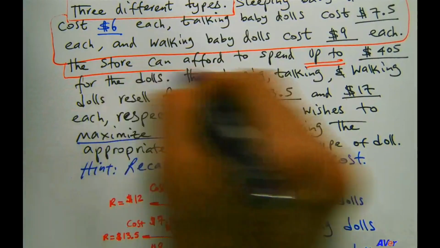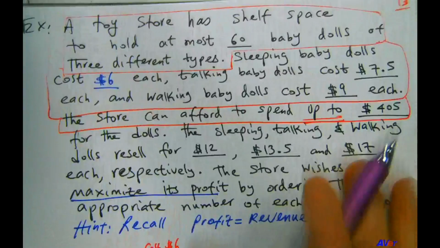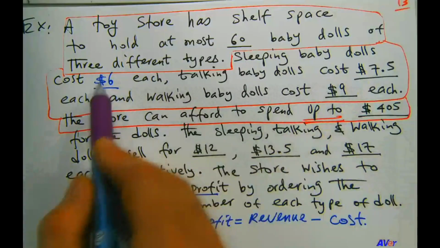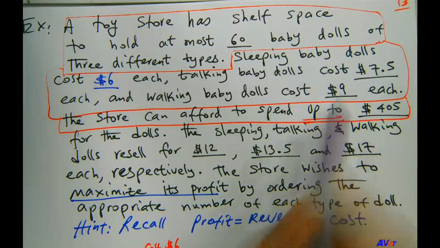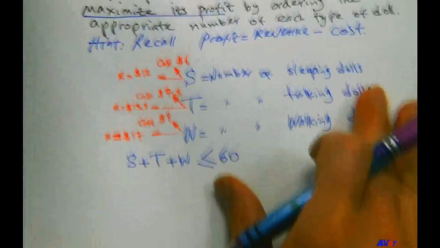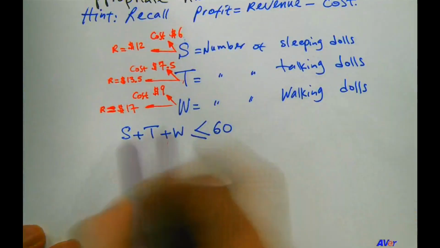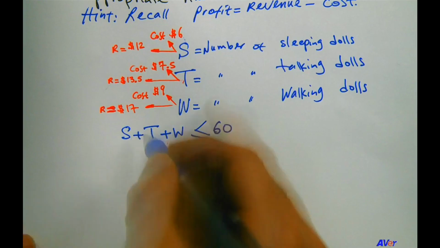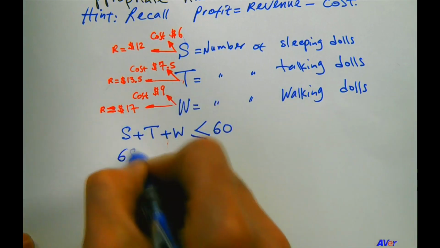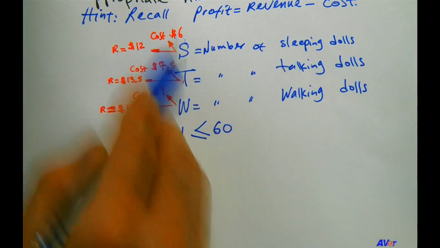That gives us another constraint, doesn't it? Right? Because we know how much each one costs, $6, $7.50, and $9, and the store can spend up to that much. So let's write down, using this information, another constraint inequality. So let's do that. So 6S, right? Sleeping dolls cost $6 each.